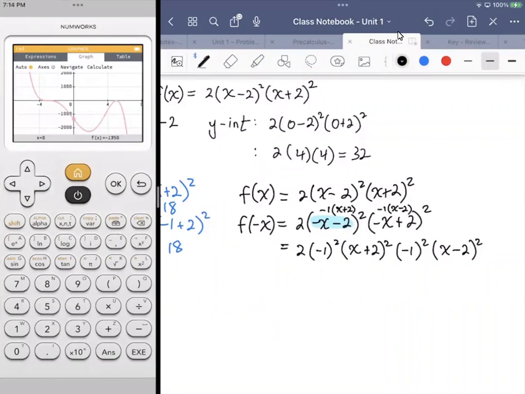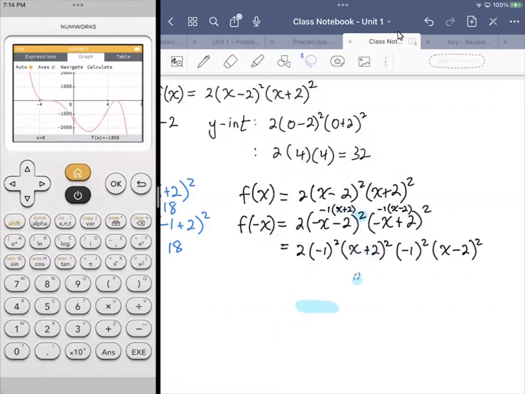Since that's being raised to the second power, I would take that negative 1 and raise it to the second power, and then take the x plus 2 and raise it to the second power. That's where all this is coming from.